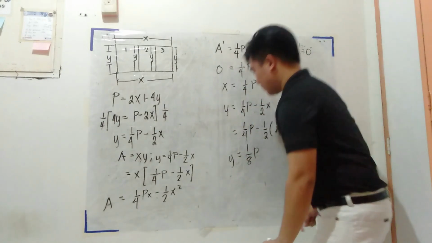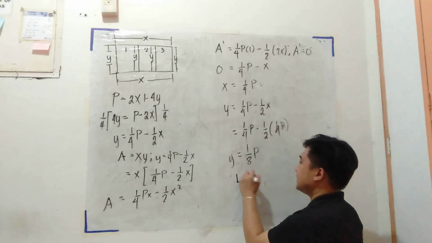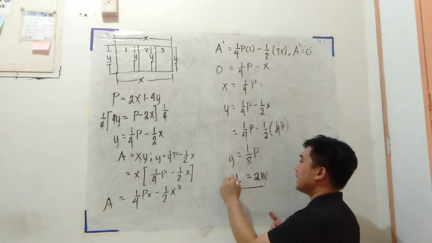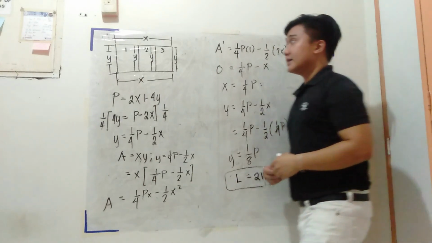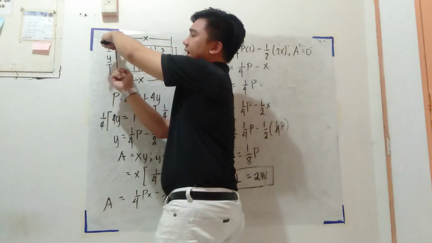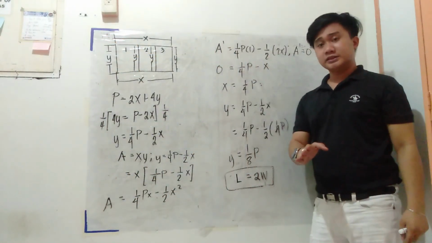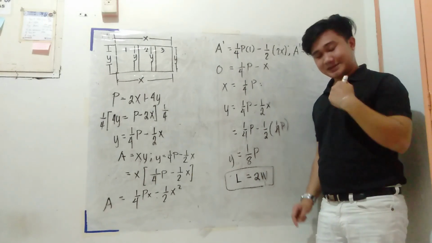Okay? So, as a conclusion, our length is 2 times ng ating width. Ito dapat ang maging dimension ng ating field. Okay? Yung haba daw natin, yung length daw natin ay doble nito. Based sa ating nakuha. Kung binigay si perimeter, eh di ipasok mo na lang yung value dito. Okay? So, please copy.